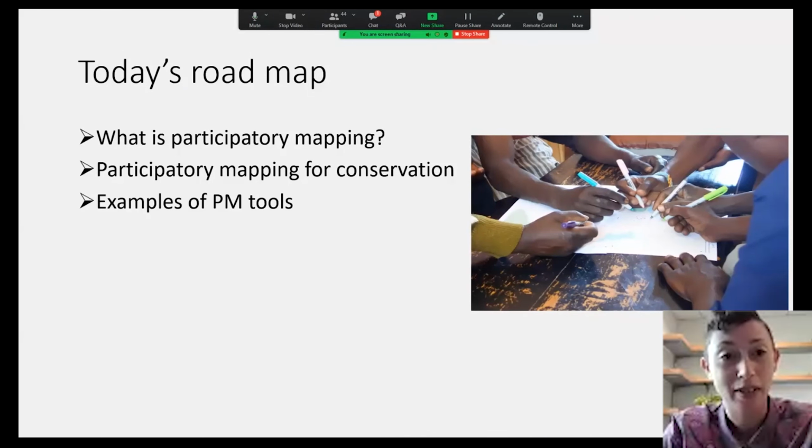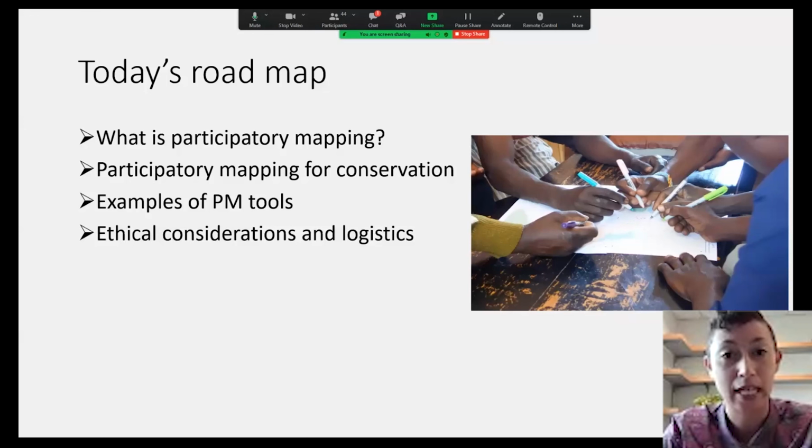For those of you who want to use it, I'll explain some examples of participatory mapping tools that you could use in different contexts. And then we will talk about what I think is one of the most important aspects of anything participatory, which is the ethical considerations and logistics related to this ethics. And then I'll dive into a couple of case studies from Kenya and from some of the stuff we're starting in the Bay Area as well. And then we'll do some Q&A.